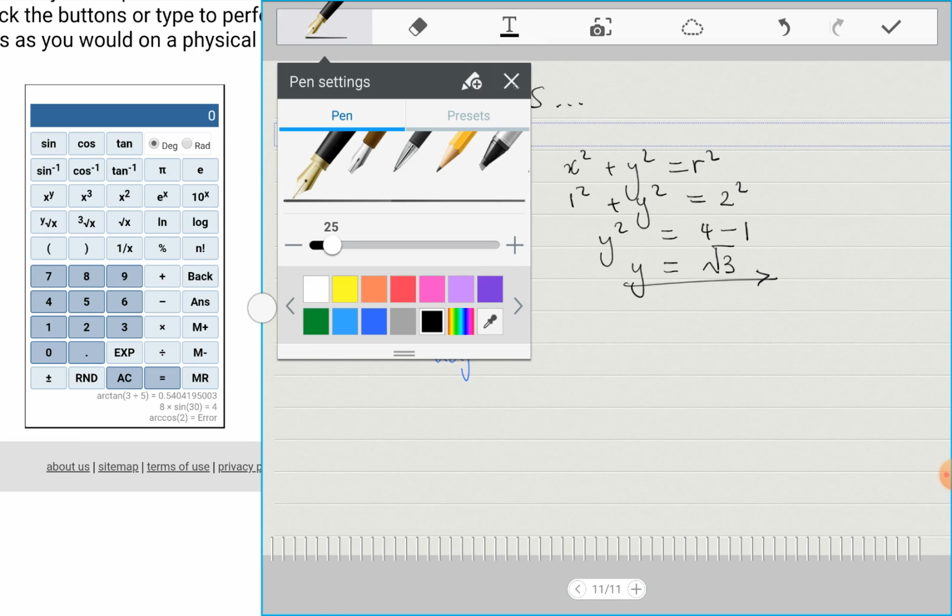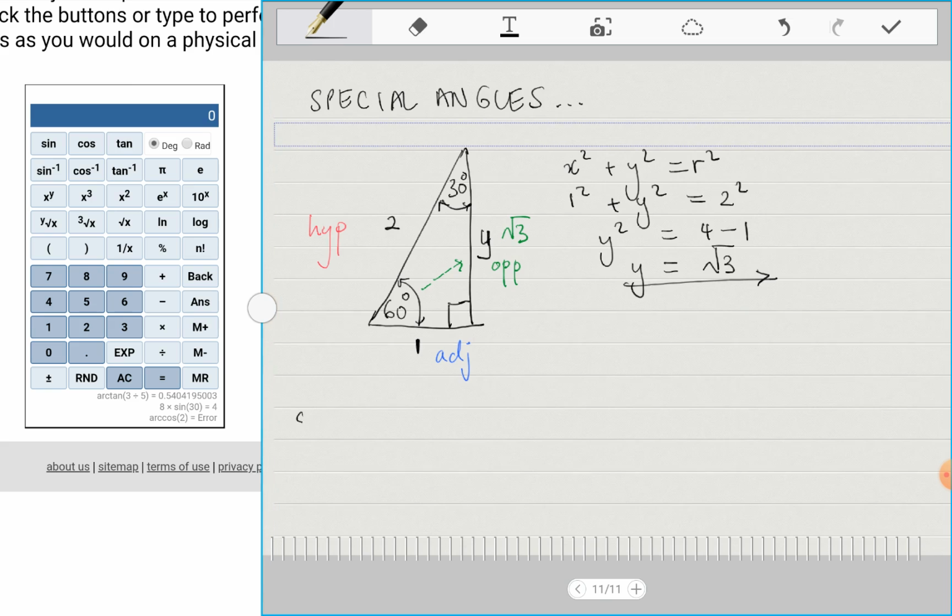We look at the 60 degrees. We'd have sine of 60 degrees, which would give us opposite over hypotenuse, which would be the square root of 3 divided by your hypotenuse side, which is 2.